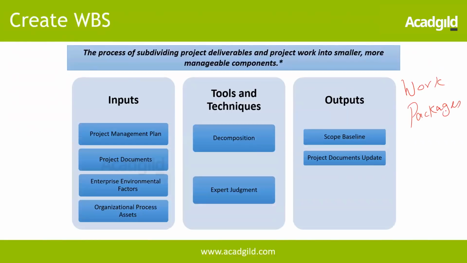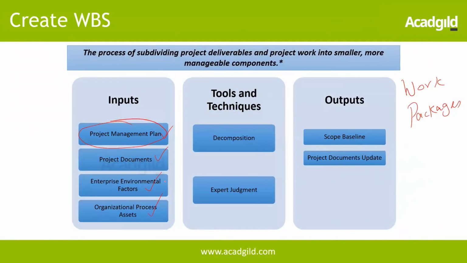Work packages. Let's see how we do that. Before that, let's look at the inputs: the project management plan and project documents. The project management plan here will be the scope management plan. The project documents will be the scope statement, those created during this scope management knowledge area, the previous process.